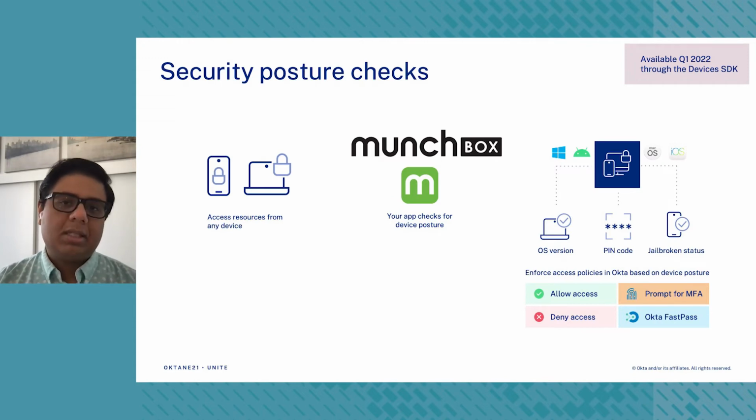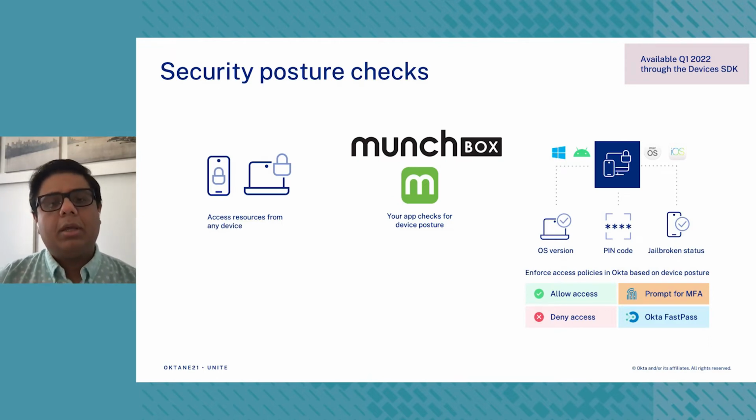With the Okta Devices SDK, you're able to collect this type of security posture information directly from the application that has the Devices SDK embedded in it. And as a result, as an IT admin, you're able to make these types of decisions and restrict access on certain devices that may not meet the minimum security standards required by your application or your organization.